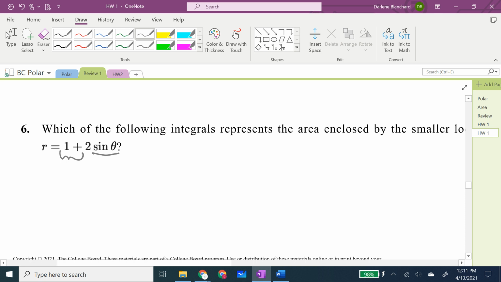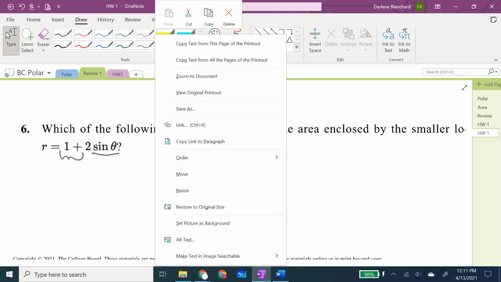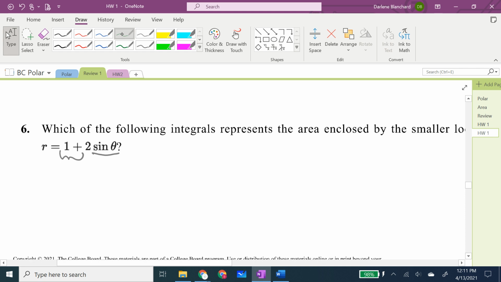And if the amplitude of the graph is greater than the vertical shift of the graph, then some of the graph is going to go on both sides of the x-axis.